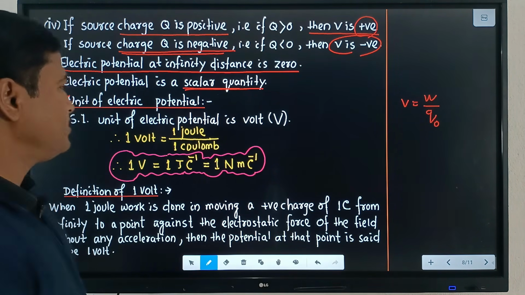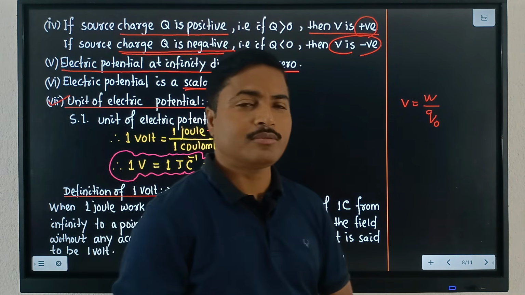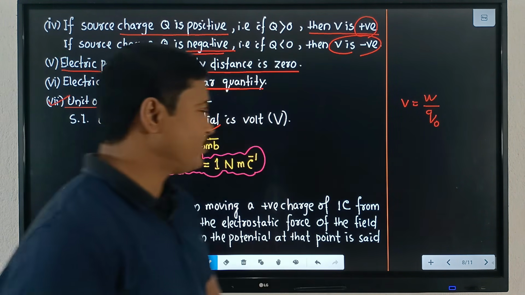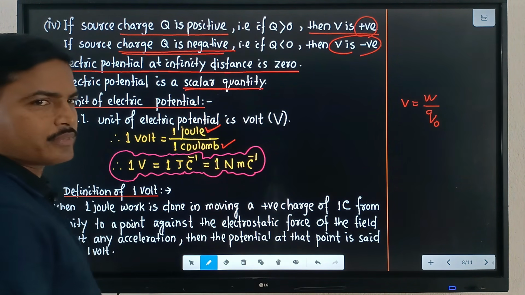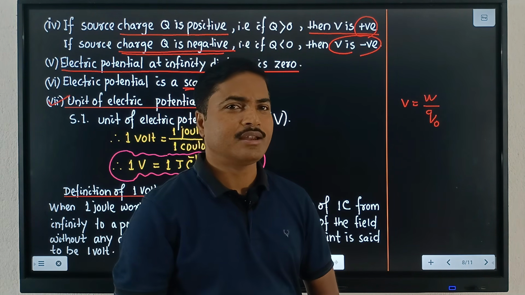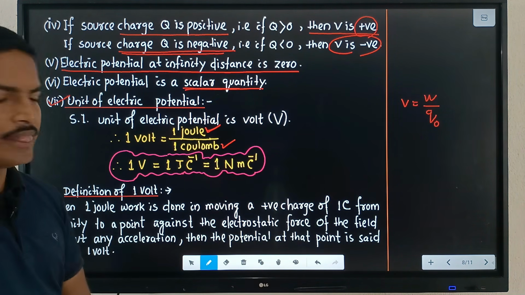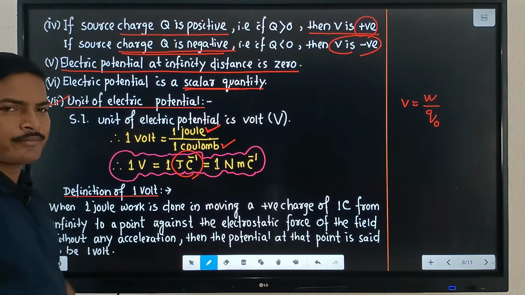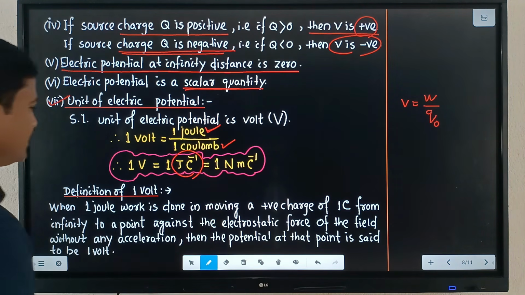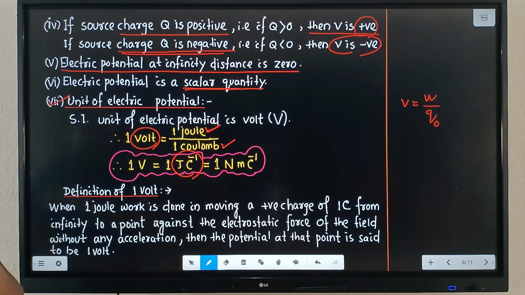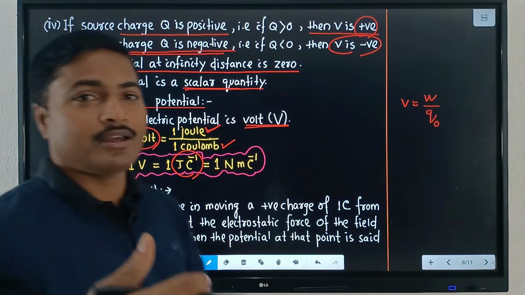And you know the SI unit of the work done is joule, and the CGS unit of the work done is erg. Taking the SI unit joule, and the SI unit of the charge, coulomb, we write the SI unit of electric potential as joule divided by coulomb, or joule into coulomb inverse. And in place of joule coulomb inverse, simply we write volt. That means the SI unit of electric potential is volt.